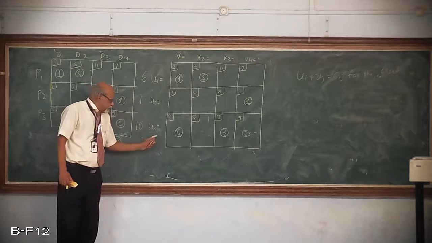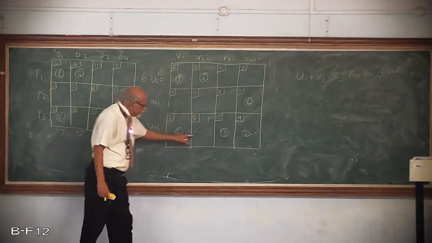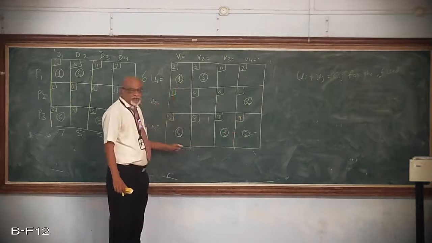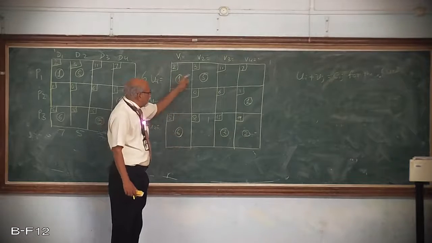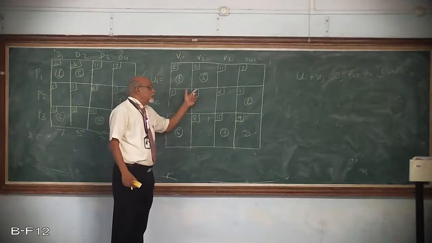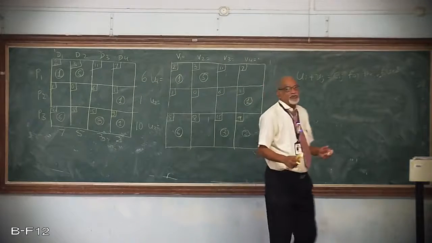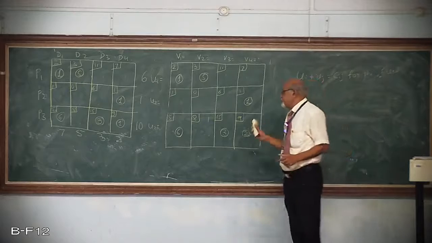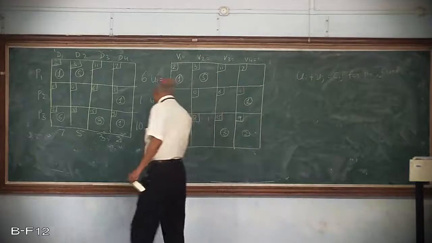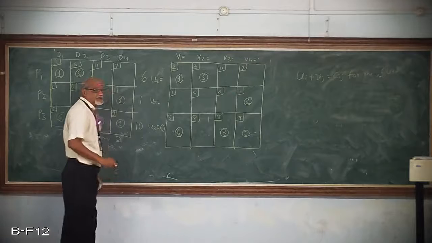For example, here I will assume U3 is equal to 0 because it has the maximum allocations. Any other row or column will have fewer. If they are equal in some column, you can choose arbitrarily. There is no hard and fast rule for this. So I am assuming U3 is equal to 0 for this reason.